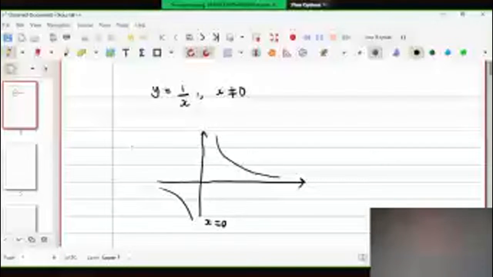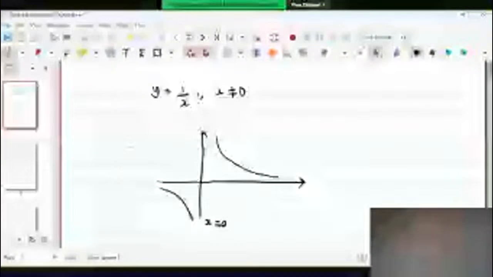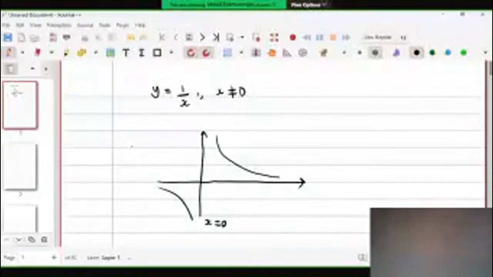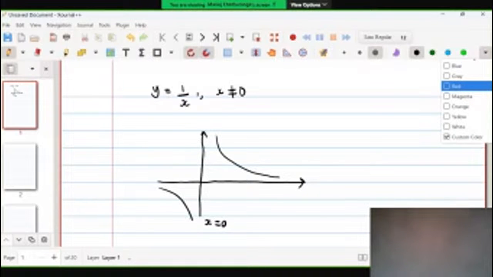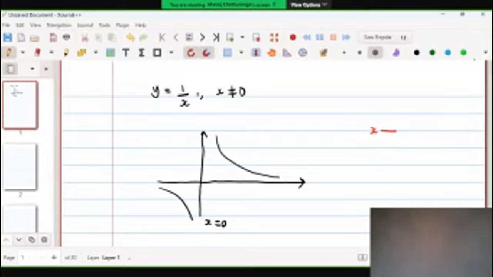Even though 0 is not in the domain, we can still talk about what happens as we approach 0. If we go to 0 from the right hand side, function values go to positive infinity, to be precise.